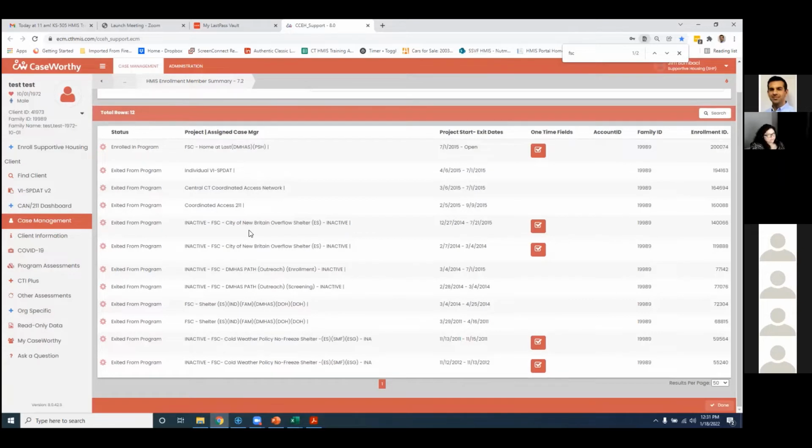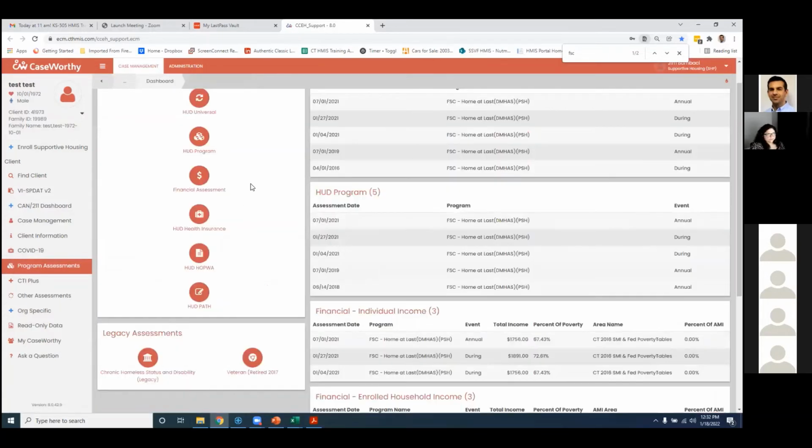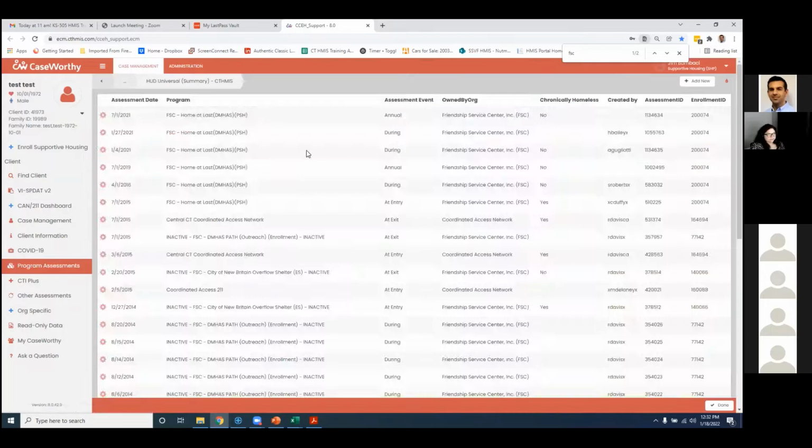So if the client gives you a date that makes sense to their history in the database, then it's probably a good date. And you can even go back and look at the enrollments to see when they told the last place they went to, where their homelessness started. Because that's the other value of having an open system: you can check your work essentially.